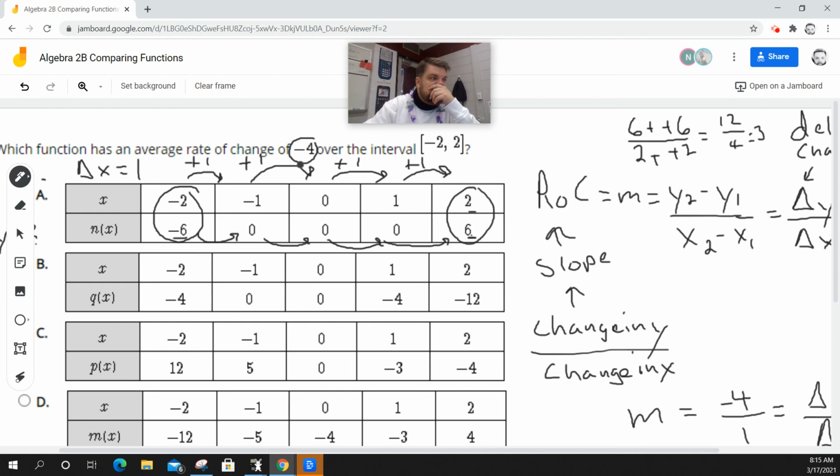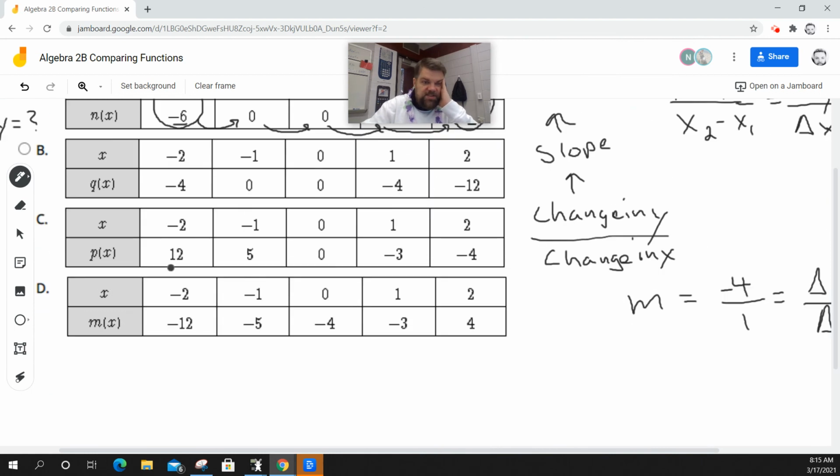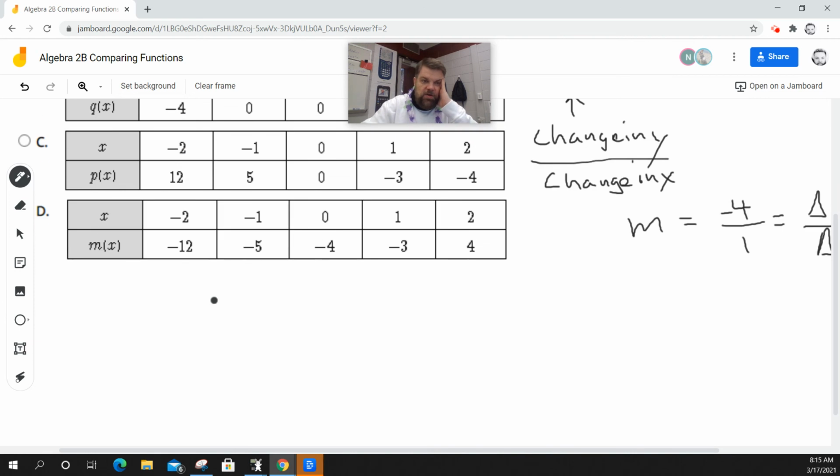So if I do that for all of these, I think C is the one, because as I'm looking at this, I'm doing it in my head. So if I let this be y sub 2, and I let this be x sub 2, and then this is x sub 1, and this is y sub 1, right?